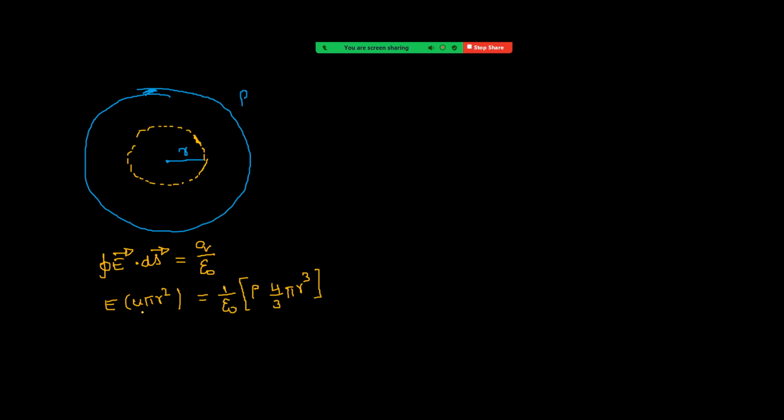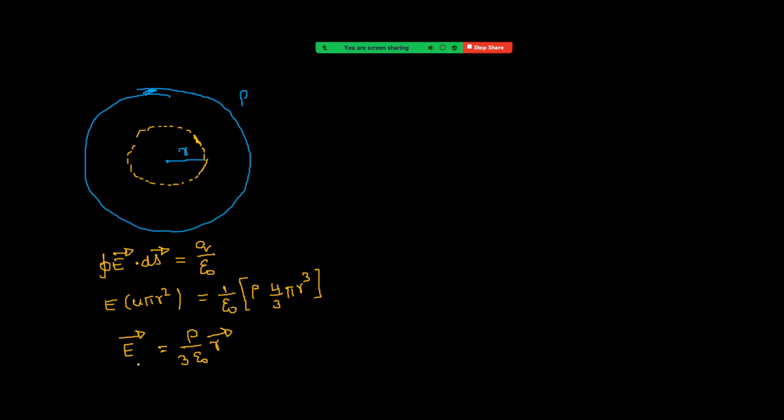Now 4 pi gets cancelled, r cube over r square leaves r. So in vector form, E bar equals rho by 3 epsilon naught into r bar.